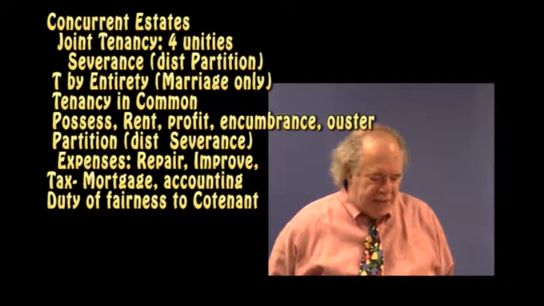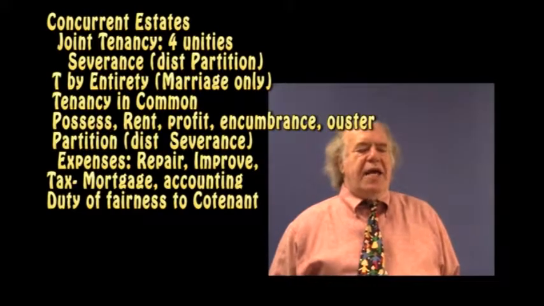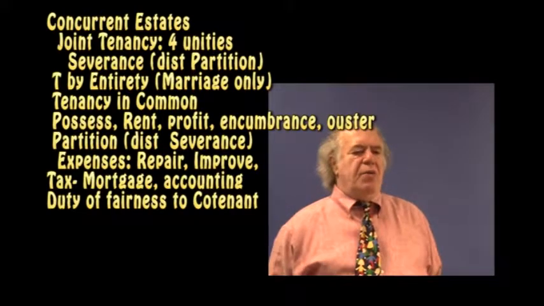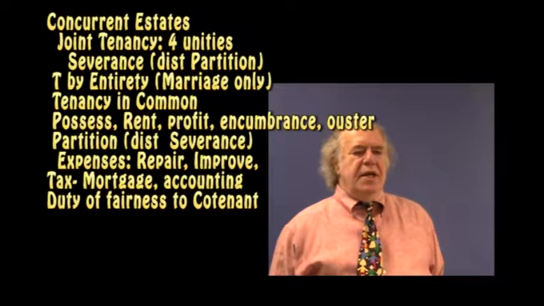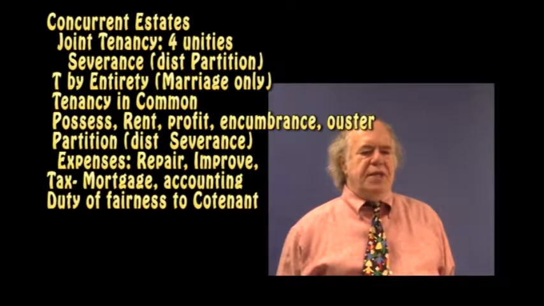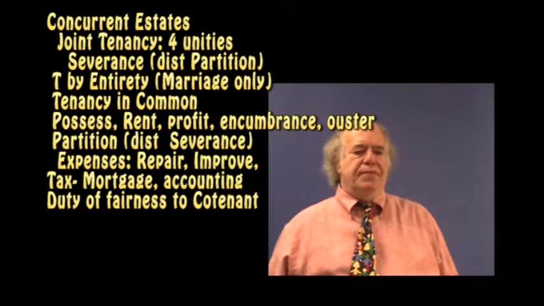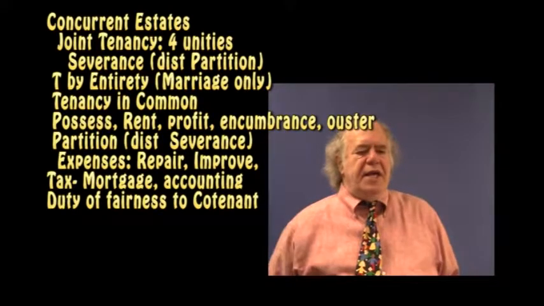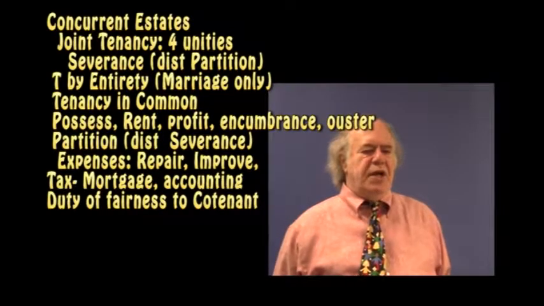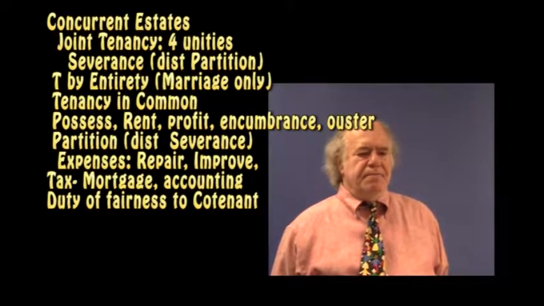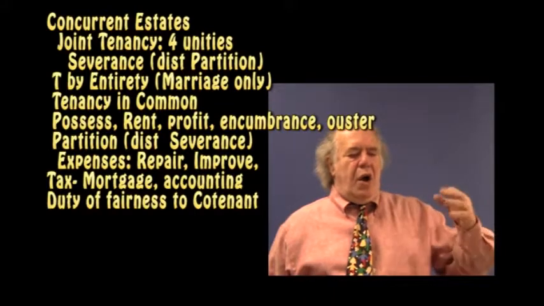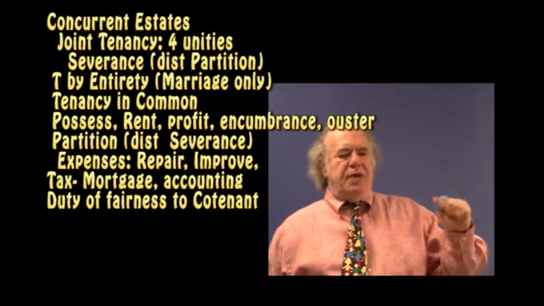So what do we mean by severance? We mean an action by one or both of the joint tenants that's so inconsistent with their joint tenancy that the courts will say there is no longer a right of survivorship. If one of the joint tenants transfers his interest to a third person, A and B are joint tenants with right of survivorship.